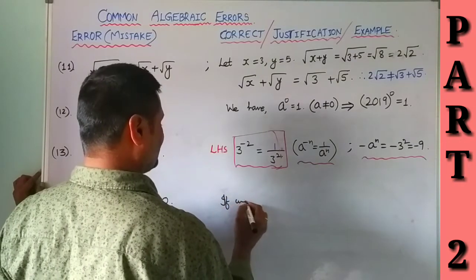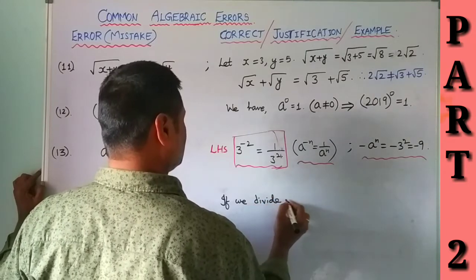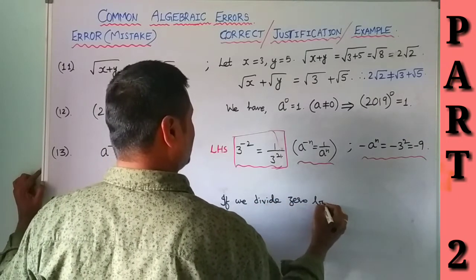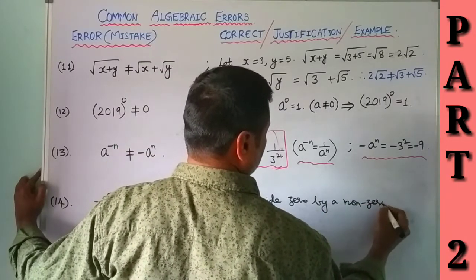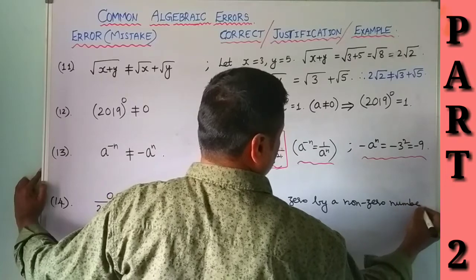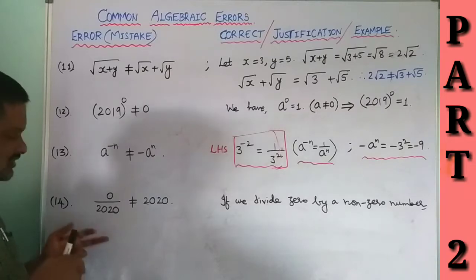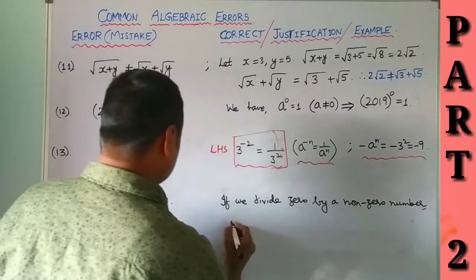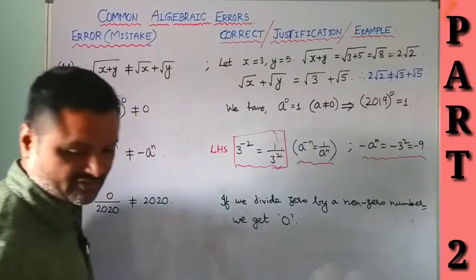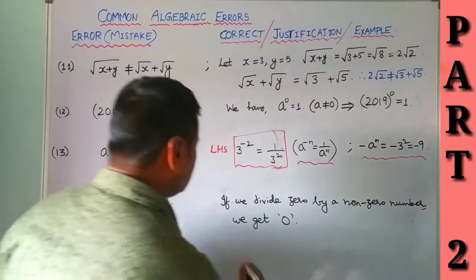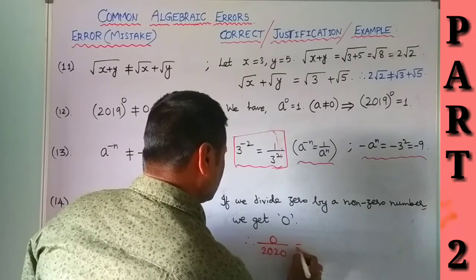If we divide 0 by a non-zero number, 2020 is a non-zero number, so we are going to get 0. Therefore I can correct it: 0 by 2020 is equal to nothing but 0.